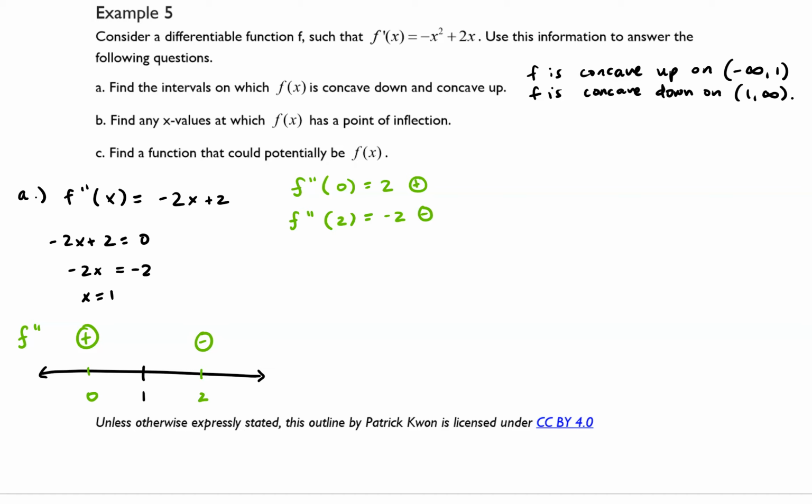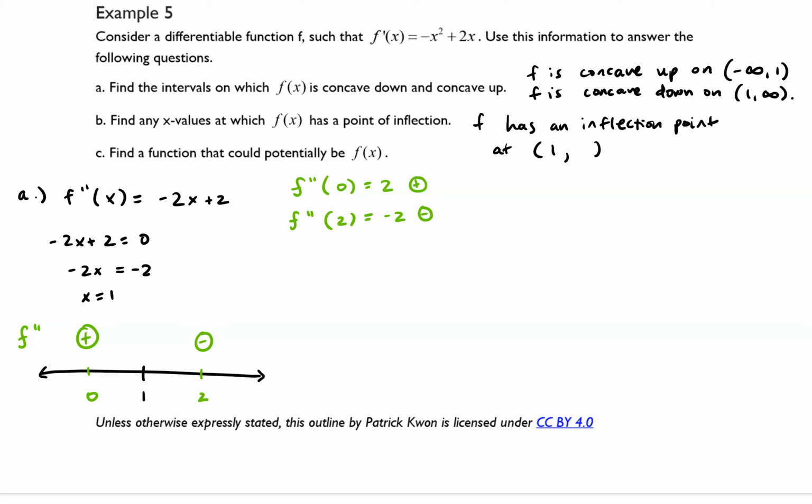And if that's the case, if it goes from concave up to concave down when x equals 1, then f has an inflection point at 1 comma, and then we need to evaluate f of 1.